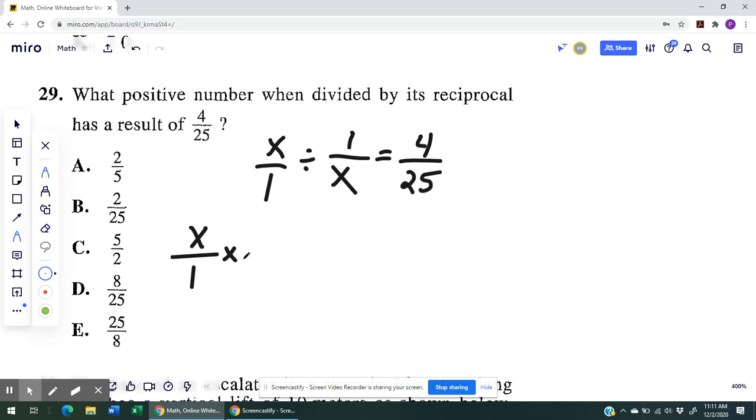I keep my first term the same, I change it to a multiplication problem, and I multiply by flipping the numerator and denominator of my second term. x times x is x squared.